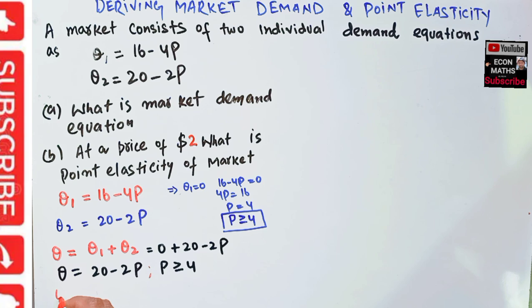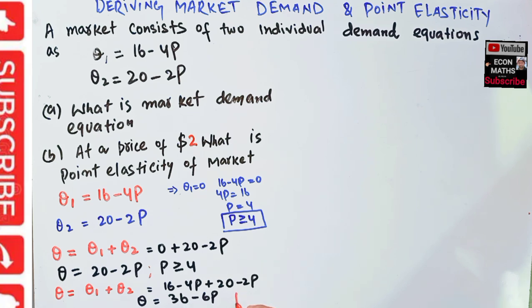then Q will be equal to Q1 plus Q2. In this case we add up the two demand functions, that is 16 minus 4P plus 20 minus 2P, which gives us 36 minus 6P. So our Q will be equal to 36 minus 6P when price is less than 4.